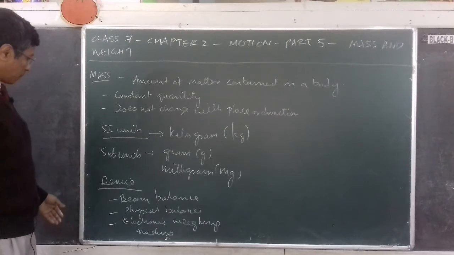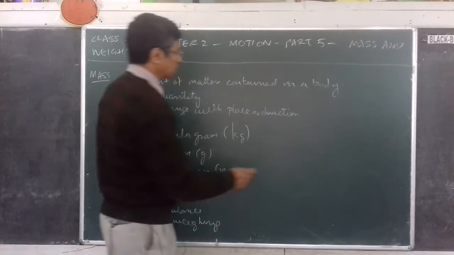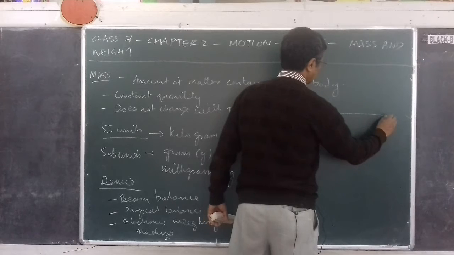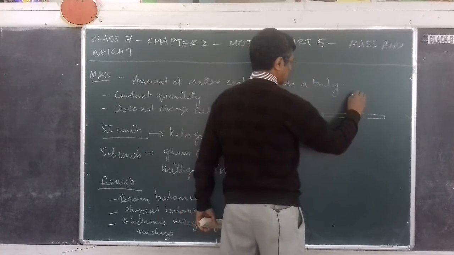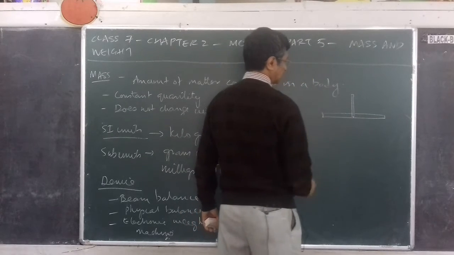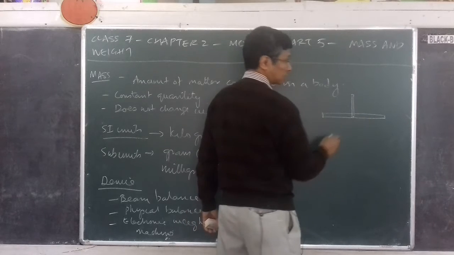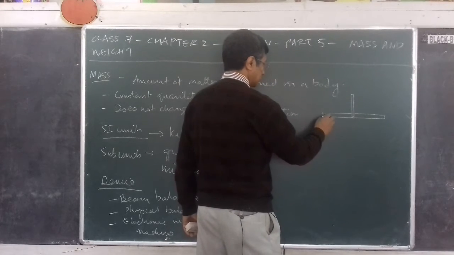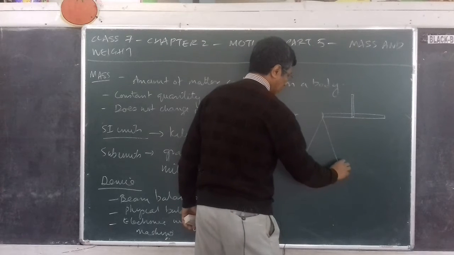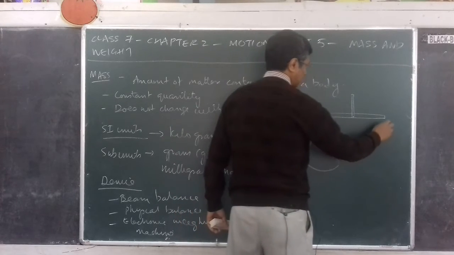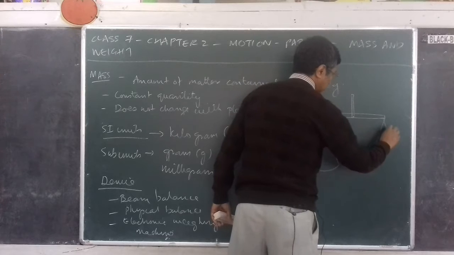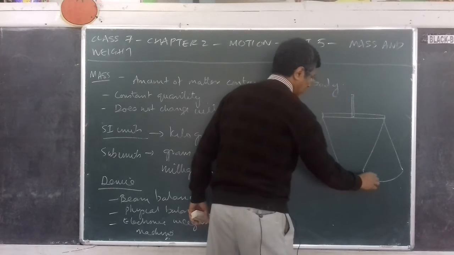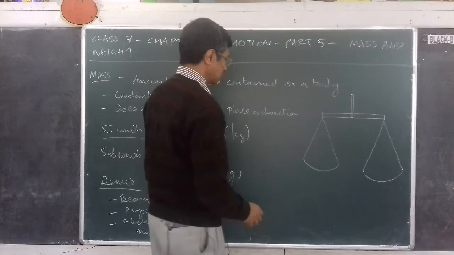To measure mass, we can use any one of the following devices depending on the accuracy of the measurement. The first one is a beam balance. A beam balance is simply a beam which is balanced at its center of gravity, and on the two ends we have suspension strings, and we have pans on both sides.